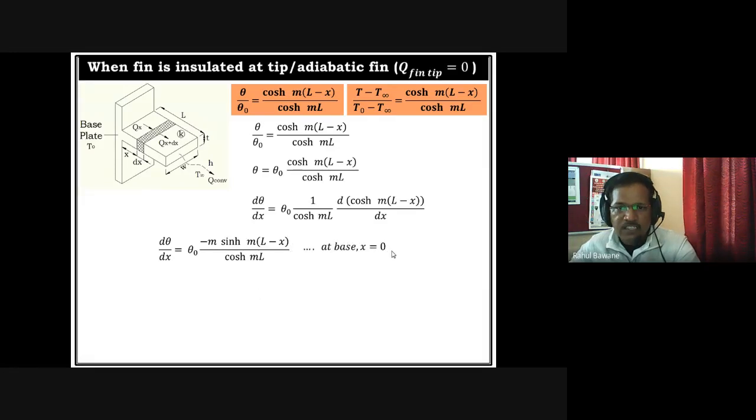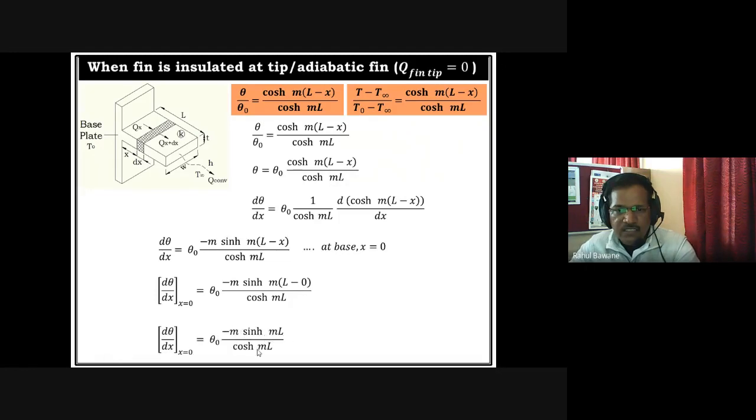Now at the base where x is 0, if I replace the x value with 0, d theta by dx at x equals 0 will be equal to theta 0 minus m sinh m in bracket (L minus 0).